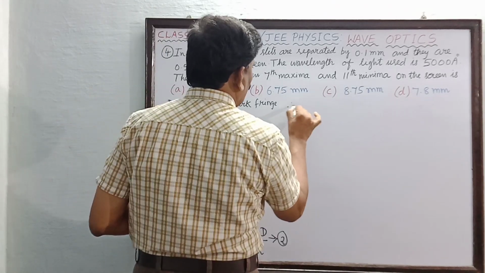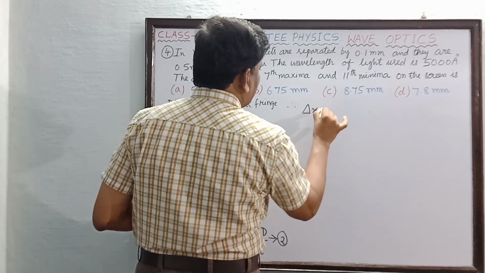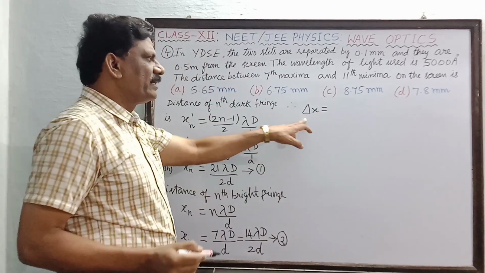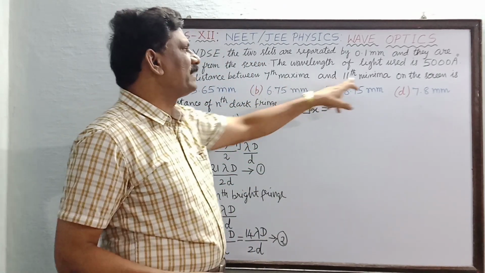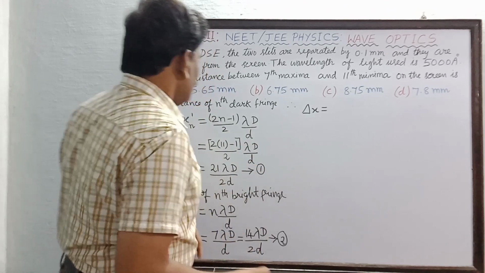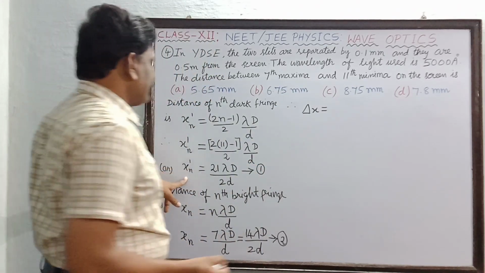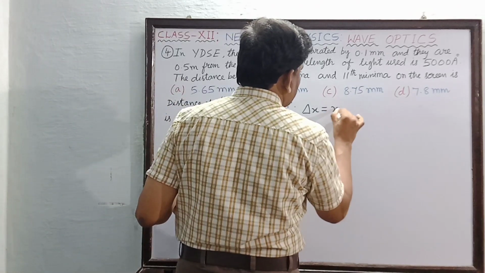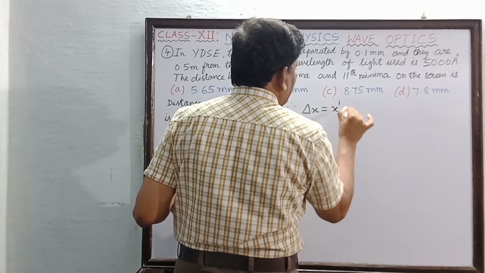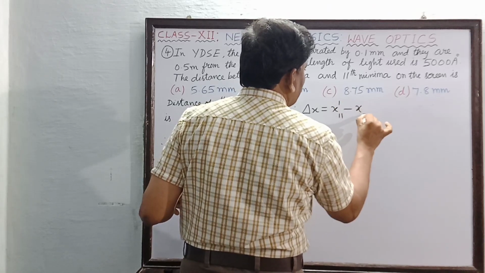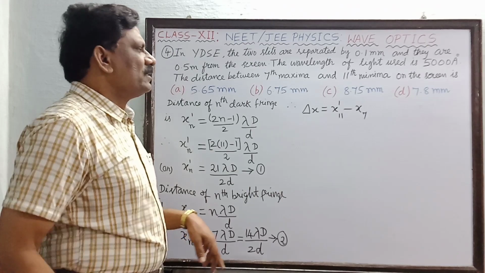Therefore delta x, the distance between the 7th maxima and the 11th minima, must be equal to x11 dash minus x7.